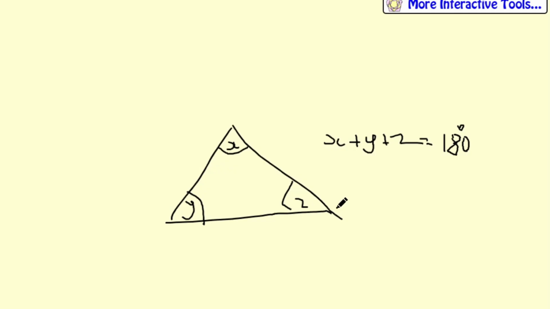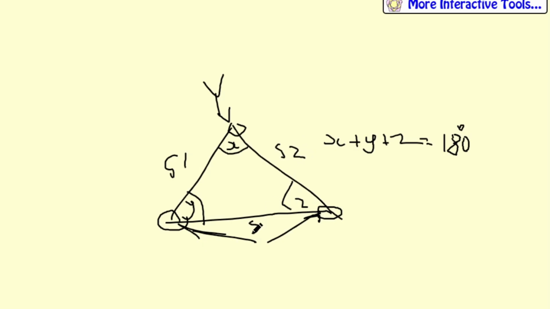We can also say it has three corners. At the bottom, both of these are vertices. And then this one is called a vertex. So it has three corners. Additionally, we can say it has three sides. So side 1, side 2, side 3. Those are the characteristics of a triangle. And I'm sure you can think of more. Moving on.